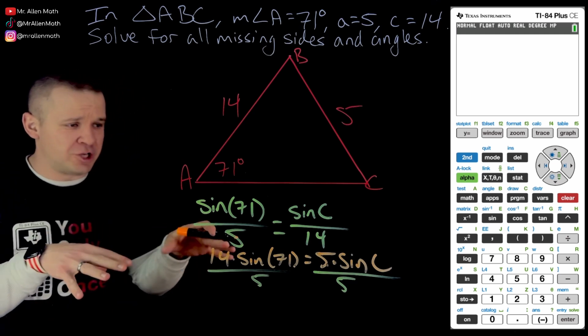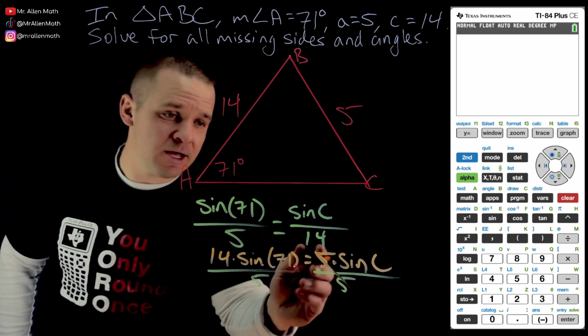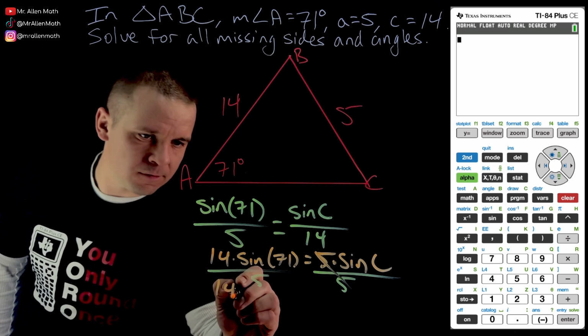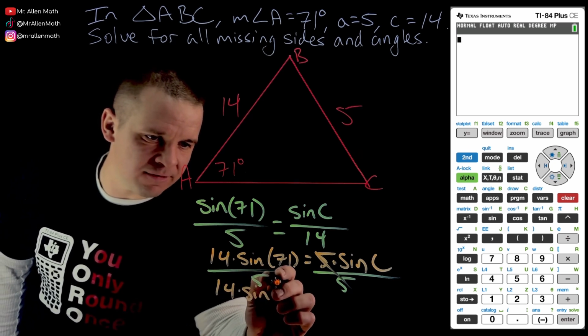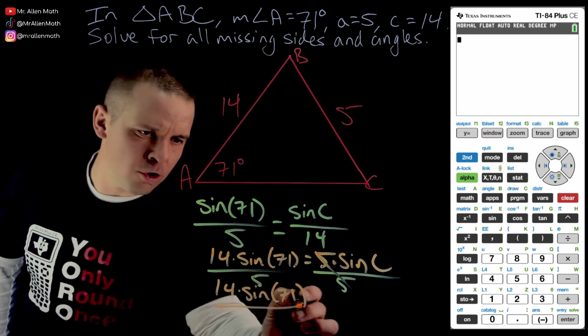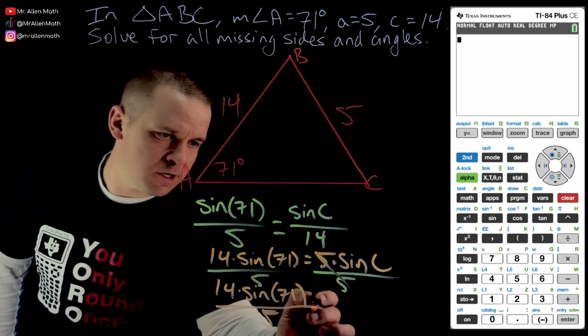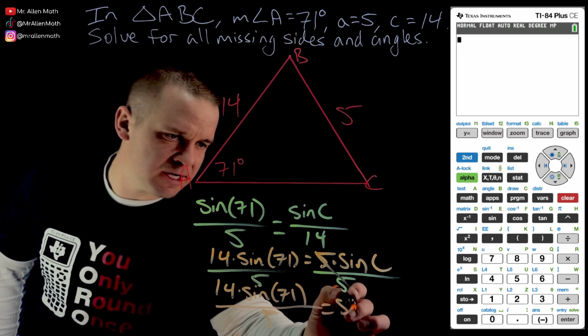We have to be careful with our algebra. So I've got 14 times sine of 71 over 5 equals sine of C.